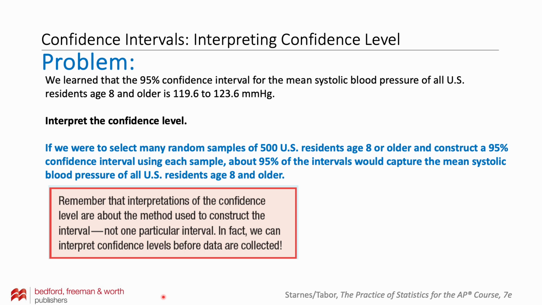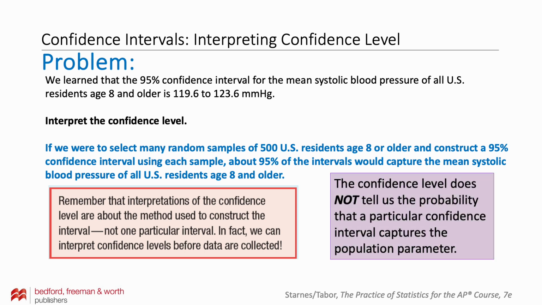Remember that the interpretation of confidence level is about the method used to construct the interval and not one particular interval. That's why we talk about many random samples here. It does not tell us the probability that a particular confidence interval captures the population parameter. So make sure it is many random samples.